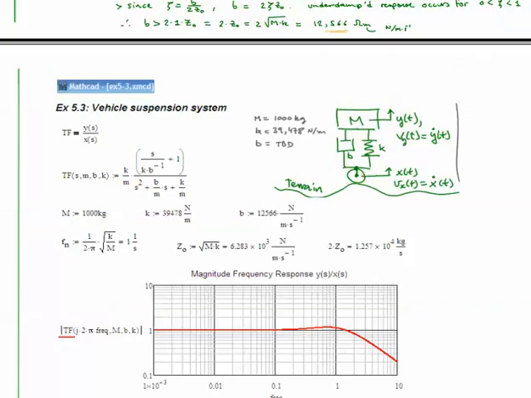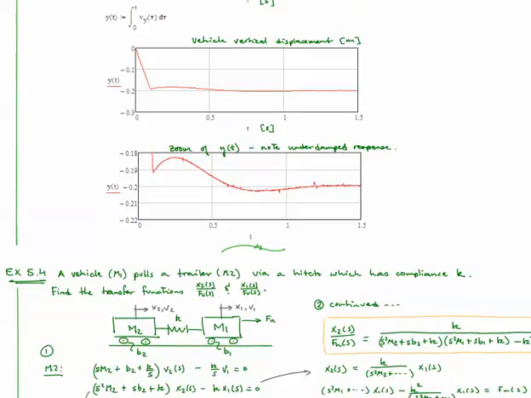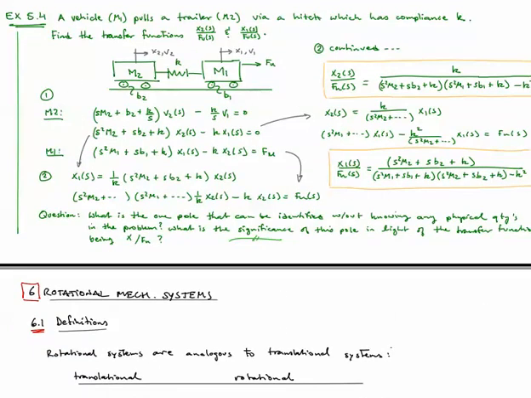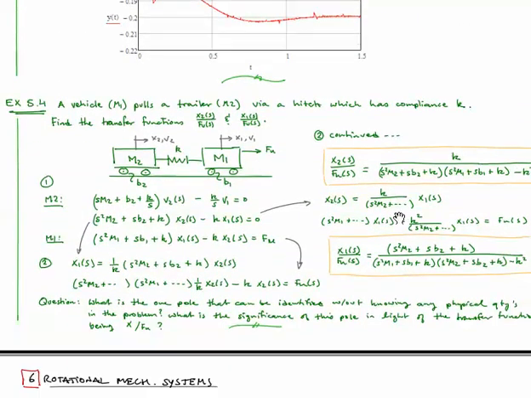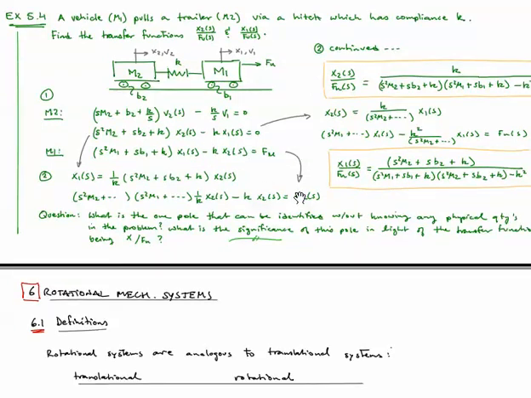I work a lot of examples, and the examples you're going to be working, you can look at this on your own, but you can see the types of problems that we might solve here. So you've got a truck and a trailer, and there's some compliance, a spring, a stiffness in the coupling.